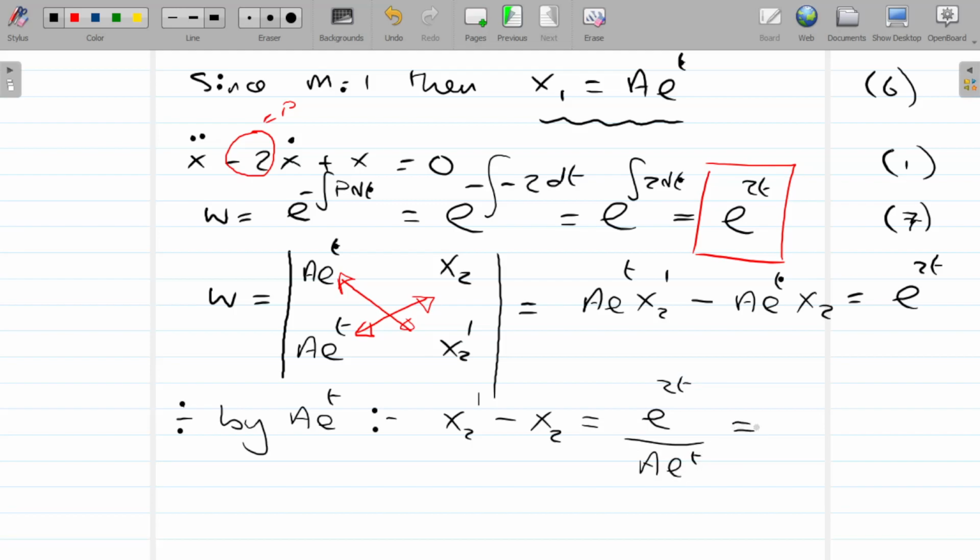The right hand side just comes out to be 1 over a e to the t. You bring the e to the t into the numerator, that becomes e to the minus t, and e to the 2t times e to the minus t is e to the t. So let's go on to another page.